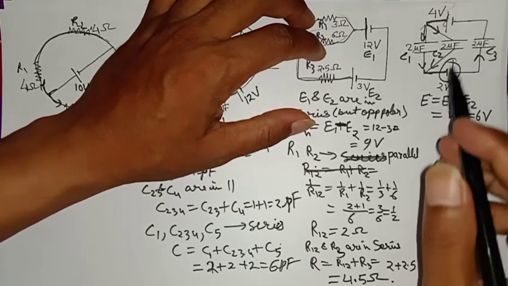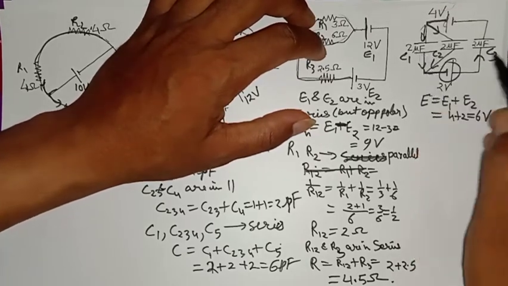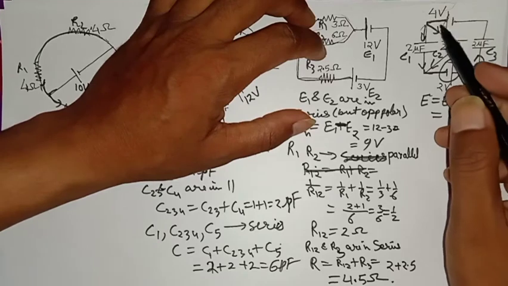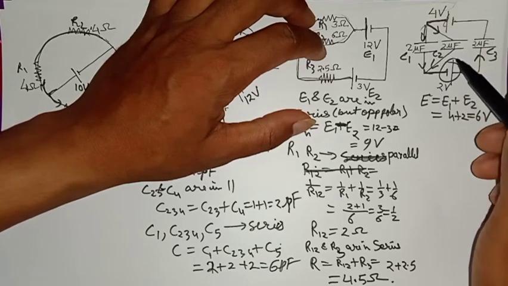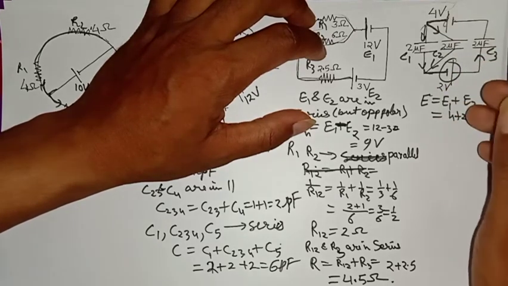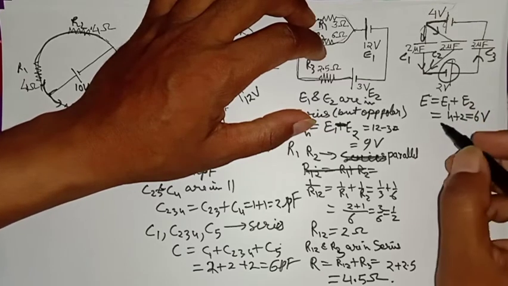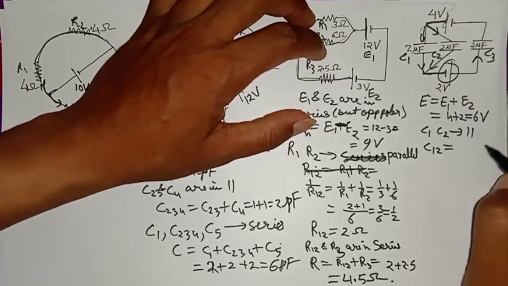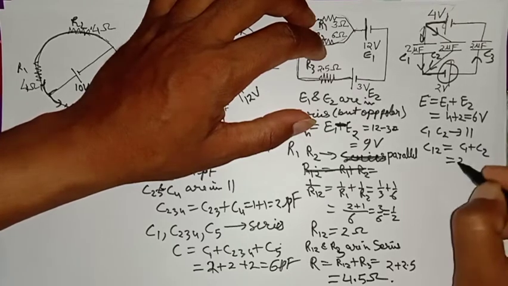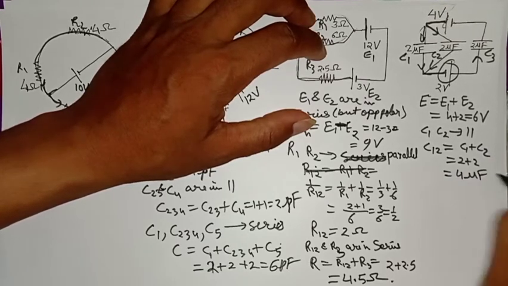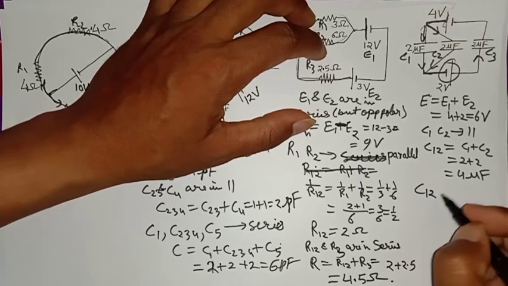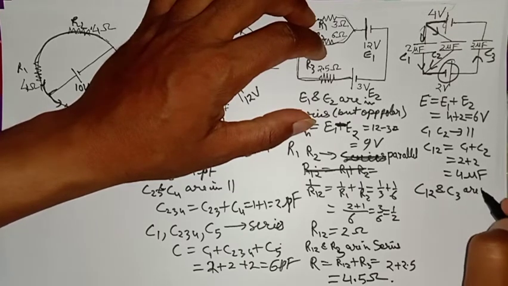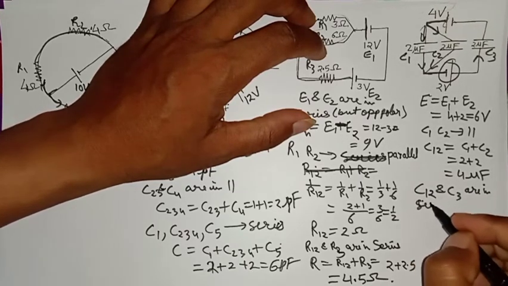You have to draw this circuit in the exam and you have to mark these points as I'm doing, and see, no need to draw these arrows. In capacitor there is a charge distribution, no current flows. C1, C2 are in parallel, so C12 equal to C1 plus C2, that is 2 plus 2, that is 4 microfarad, and then C12 and C3 are in series.